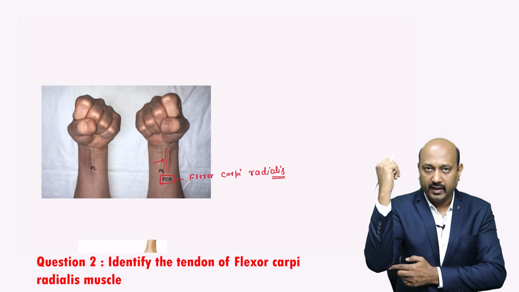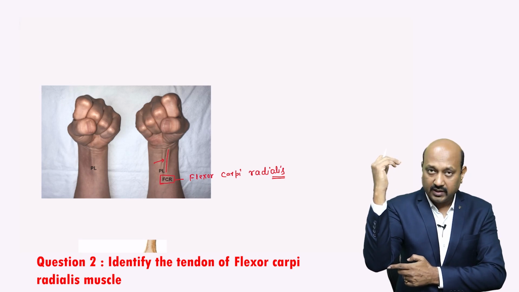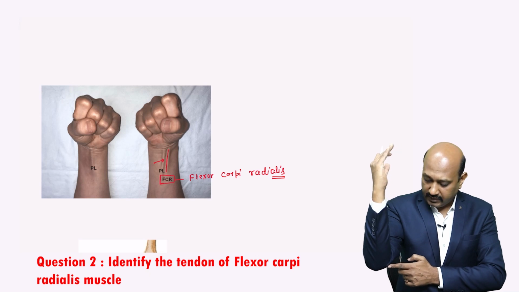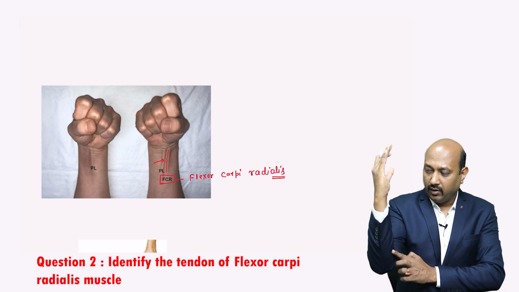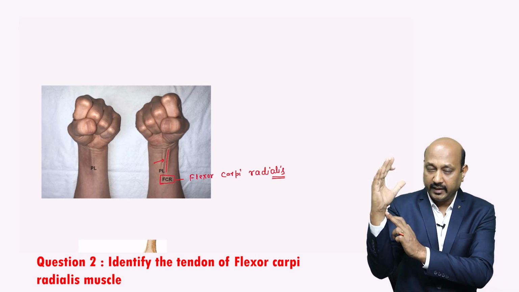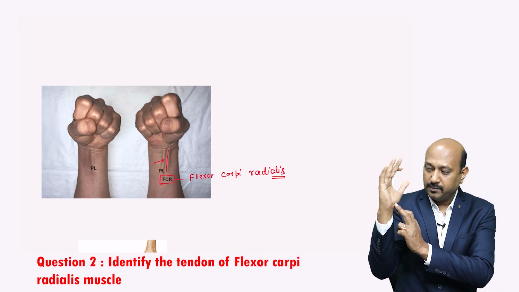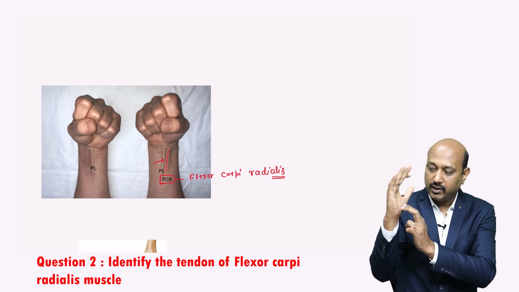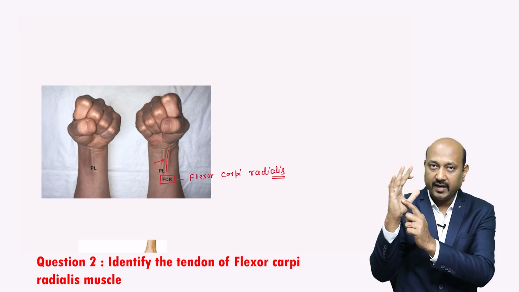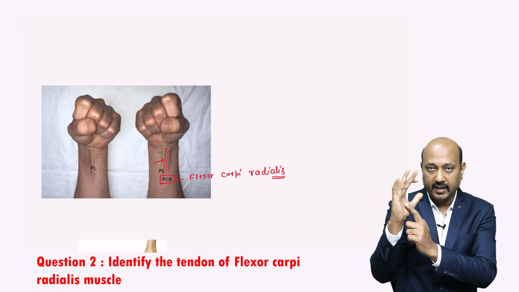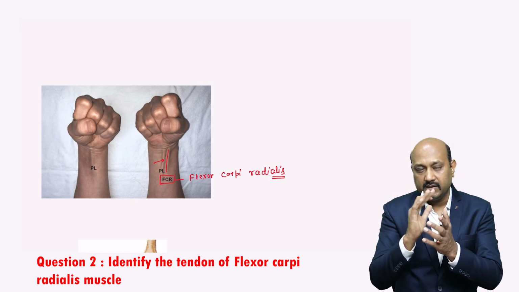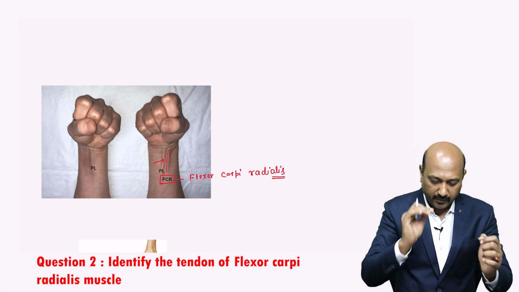The flexor carpi radialis also takes origin from here, and the tendon goes all the way down and inserts into the base of the second and third metacarpal. About 80% of the tendon inserts at the base of the second metacarpal, and approximately 20% into the base of the third metacarpal.